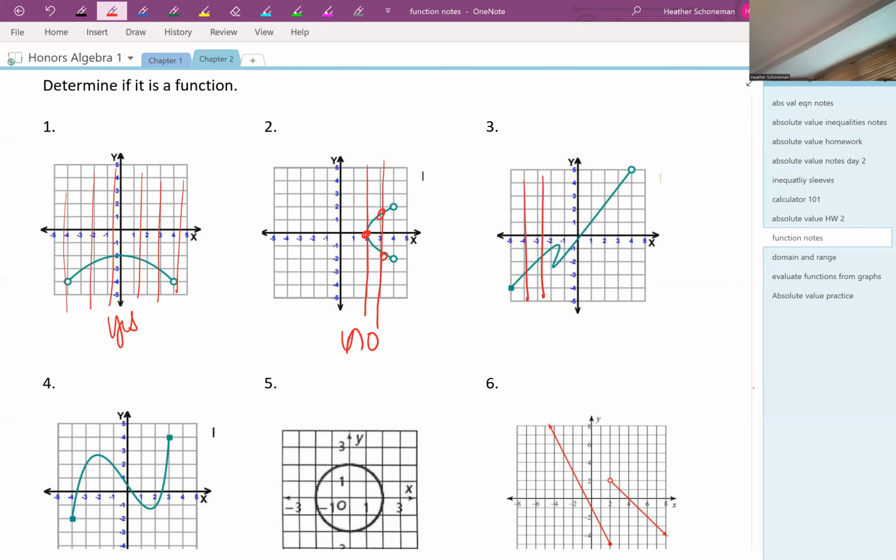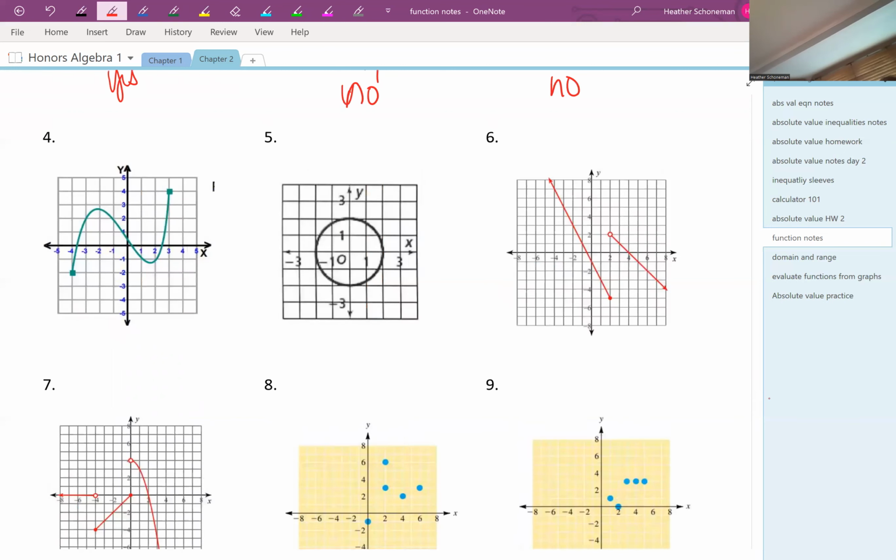That's good. But if I come in here, it's hitting 1, 2, 3 times. Not a function. If I look at number 4, running the vertical line left to right, only hitting one time. Yes, it's a function. Over here with the circle, it hits one time. That's good. But if I scoot it over, it hits 2 times. If it hits more than once, not a function.